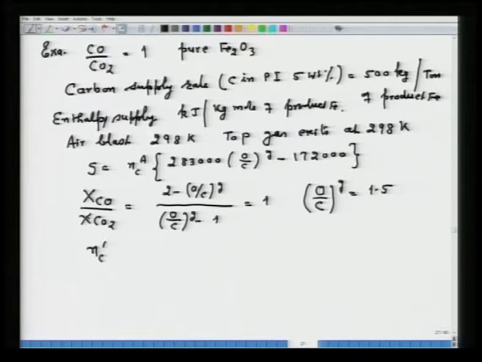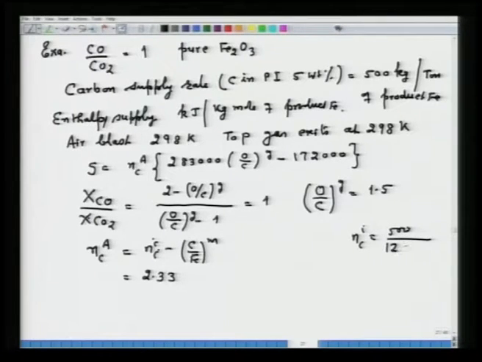So, NCA is equal to NCI minus C by Fe. You recall from my earlier lecture, active carbon is the total carbon, NCI is the total carbon supply per mole of iron, and C by Fe is the moles of carbon which is dissolved in iron. So, you can calculate. NCI will be equal to 2.33, because NCI is simply 500 upon 1200 into 17.9, where we take 1000 kg iron, so 17.9 is the kg moles of iron.